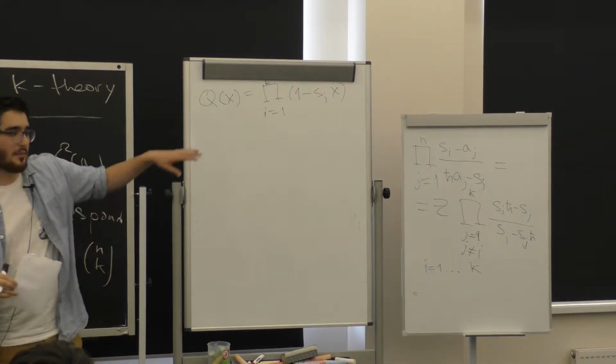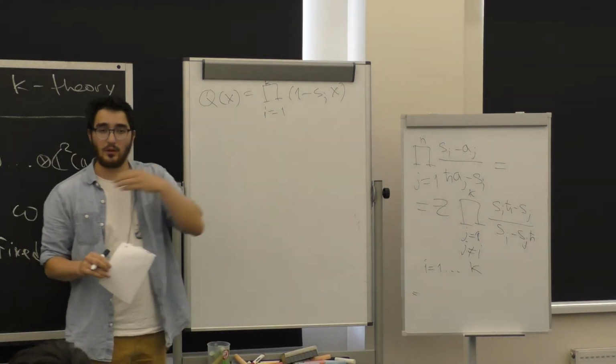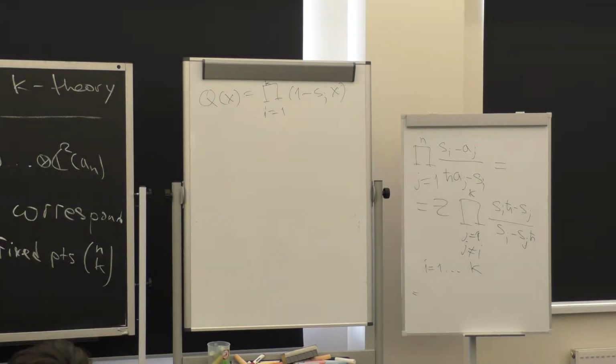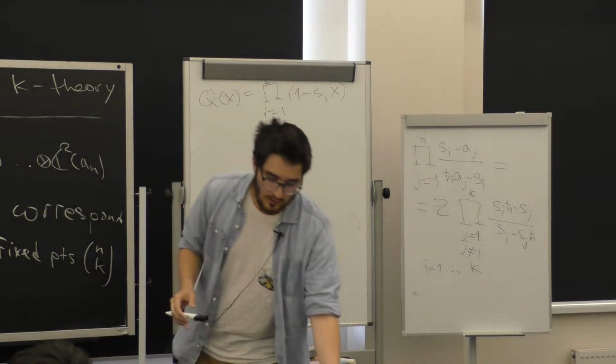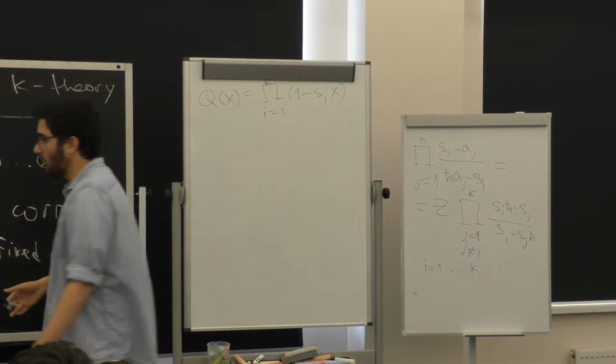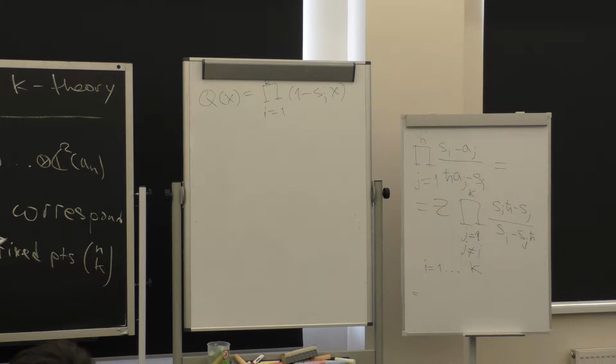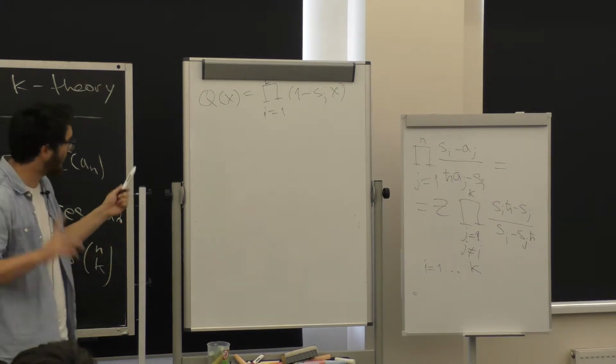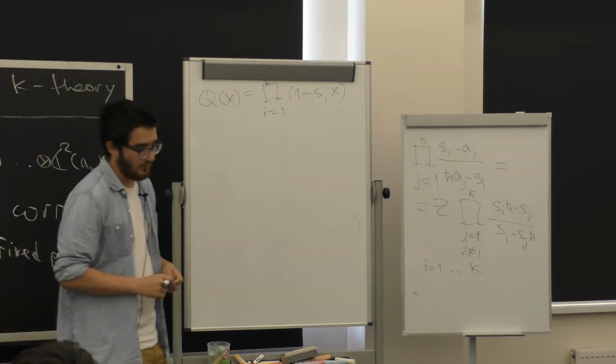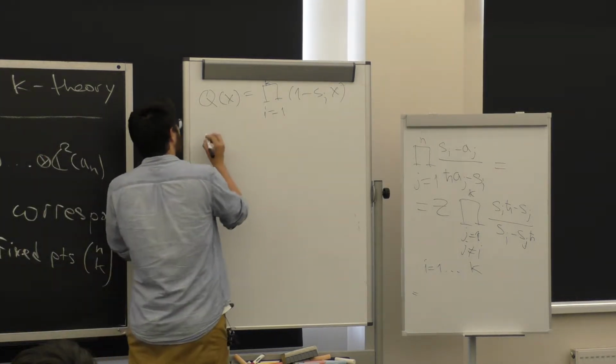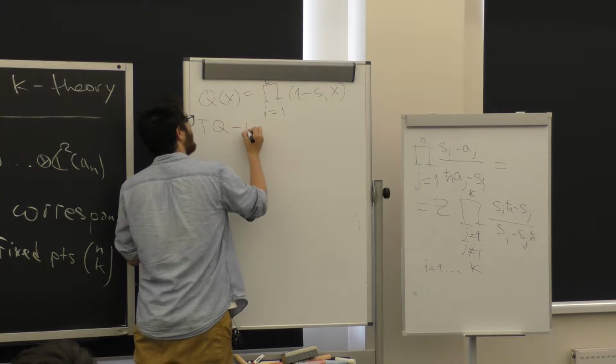So here x comes in just as a generating parameter for symmetric functions, nothing else, nothing fancy like over there. However, it turns out that there's a very good relation between this T and this Q, called the TQ relation.